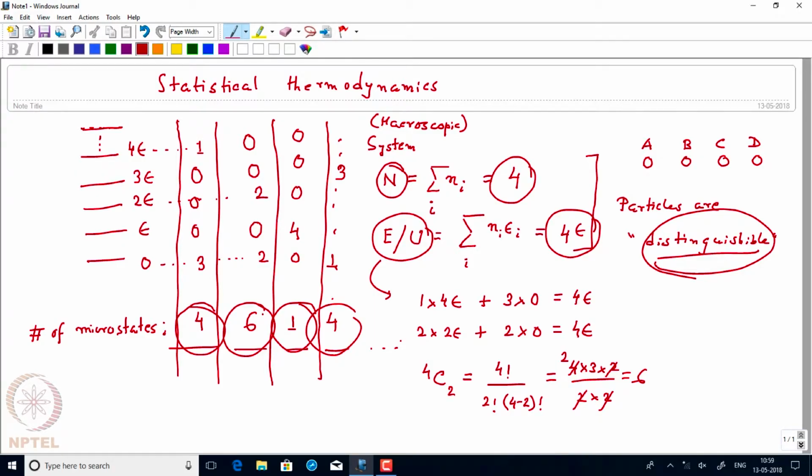So you can say that the distribution which has the maximum number of microstates is most probable, because all microstates are equally probable, as all satisfy the macroscopic description of the system under the 2 constraints: total number of particles and total energy are fixed.